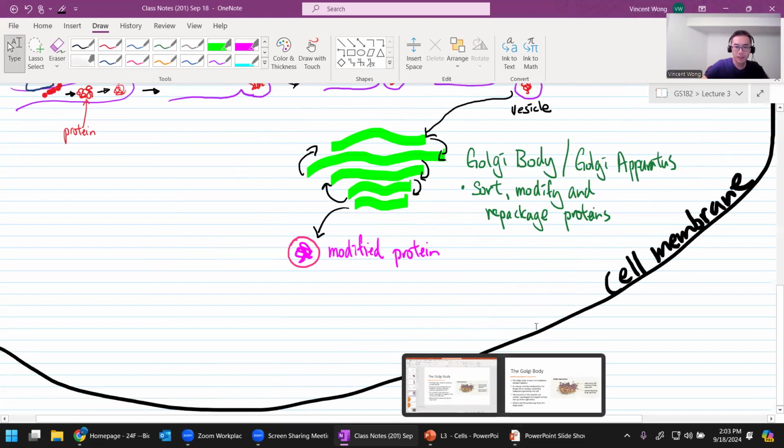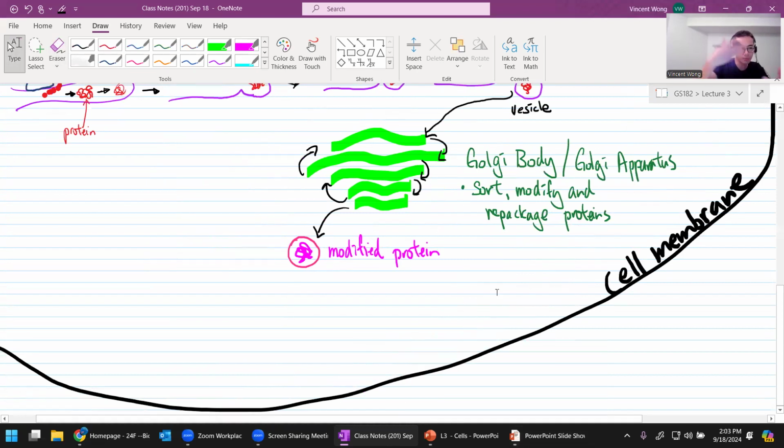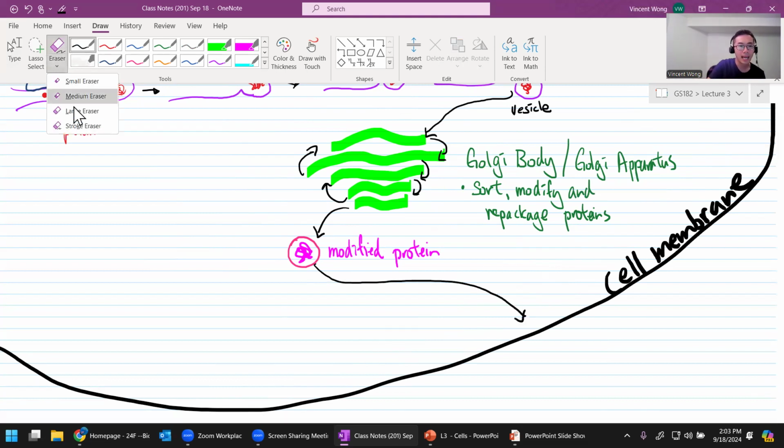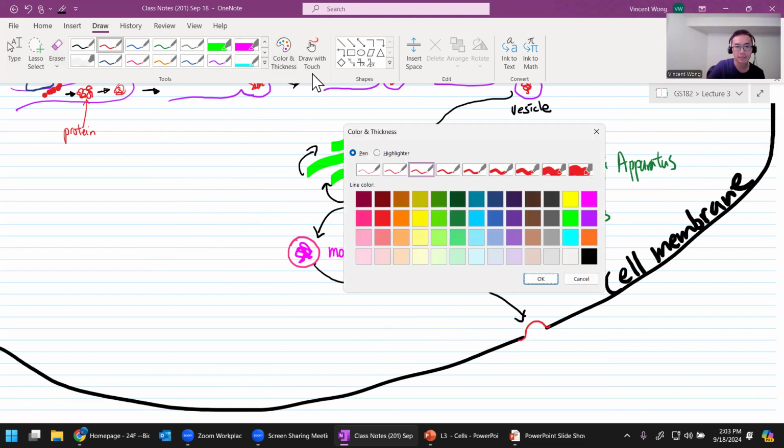Now that we have finished sorting, modifying, and repackaging the protein, where is this gonna go? Well, there are a couple of places this can end up. Number one, it might move towards the cell membrane, and it will merge with the cell membrane and release its content.